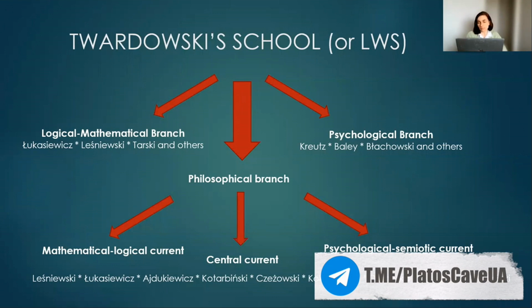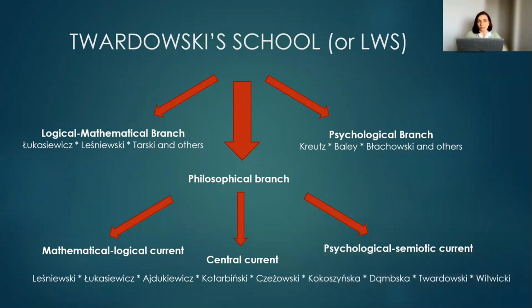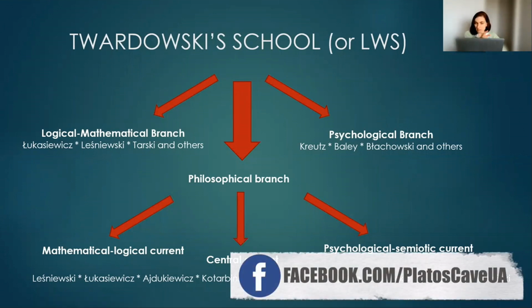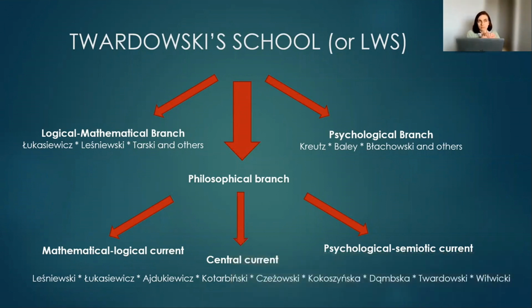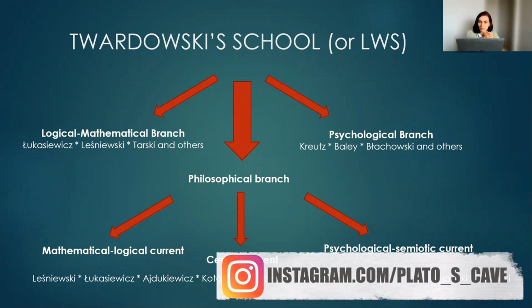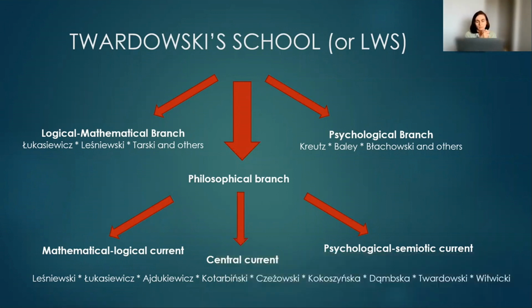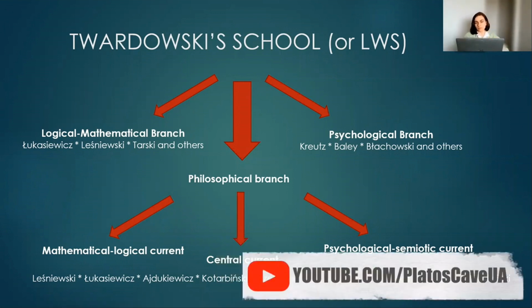There was also a purely psychological branch, which combined both descriptive psychology and experimental psychology, because Twardowski was the teacher of, I think, almost all psychologists in Poland, also in independent Poland. So he also introduced modern psychology in Polish universities, and members of the school were Kreutz, Balej, Błachowski.